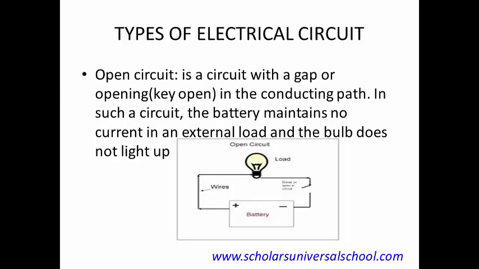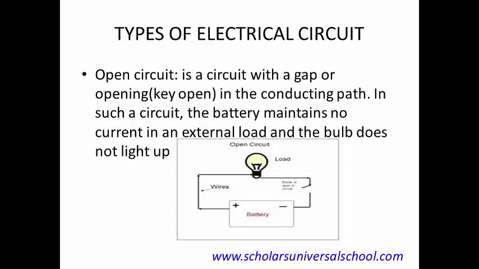Now, the second type of electric circuit is the open circuit. Now, the open circuit is a circuit with a gap or opening, meaning that for the open circuit, the key is open. Now, once the key is open, there is no current that would flow through that electric circuit. So, for an open circuit, the key is open, as the name implies.